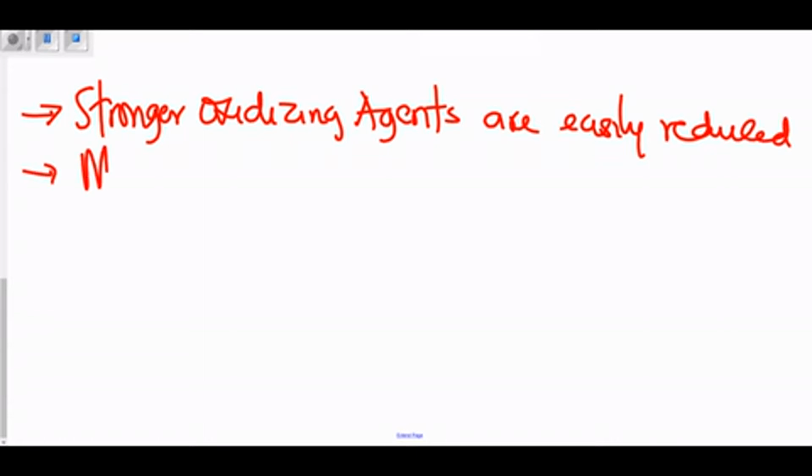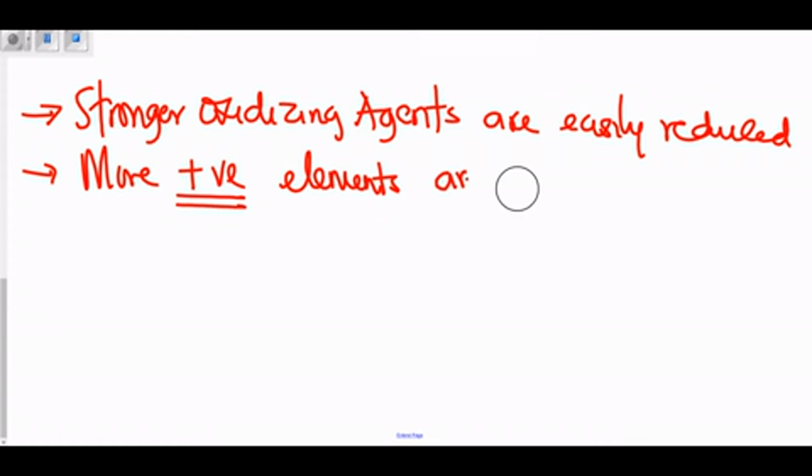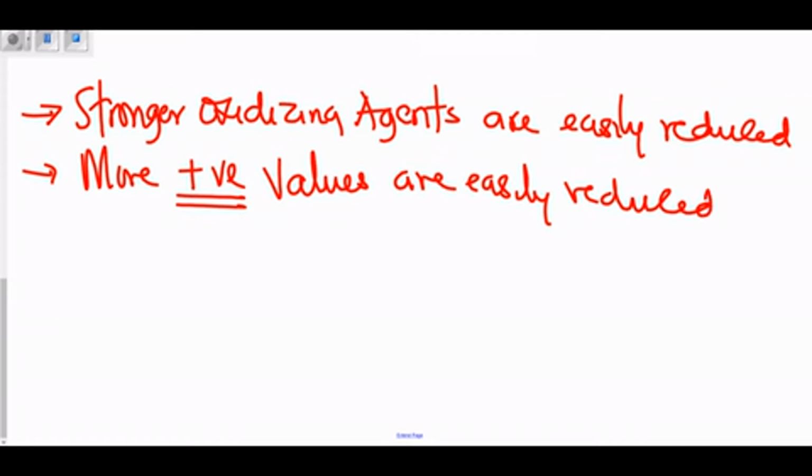We said elements with more positive potential values are easily reduced, and also vice versa. If it's negative, it is oxidized. Negative is oxidized. I'll give you a couple of examples.